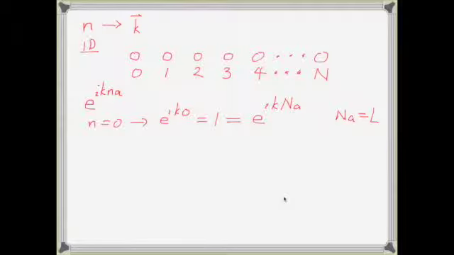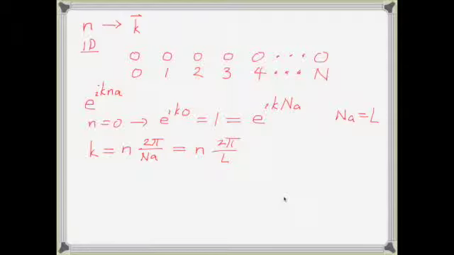And so for that to be true, k has to equal any integer n times 2 pi over N a, which is n times 2 pi over L. So that is how n and k map onto each other.